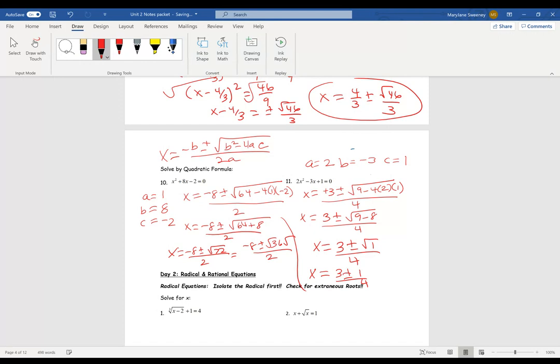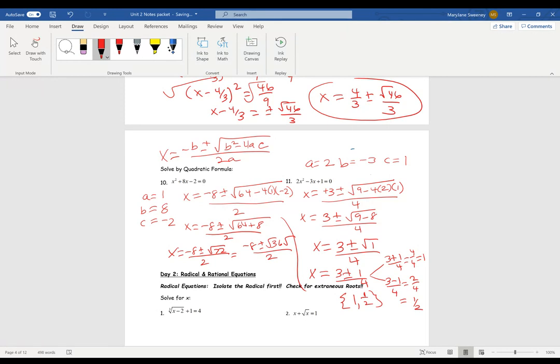So that simplifies to 3 plus or minus 1 over 4, which then, since I no longer have a radical, I can actually simplify. 3 plus 1 over 4, 3 minus 1 over 4. This is 4 over 4, which is 1. This is 2 over 4, which is a half. So my answers are 1 and 1/2.